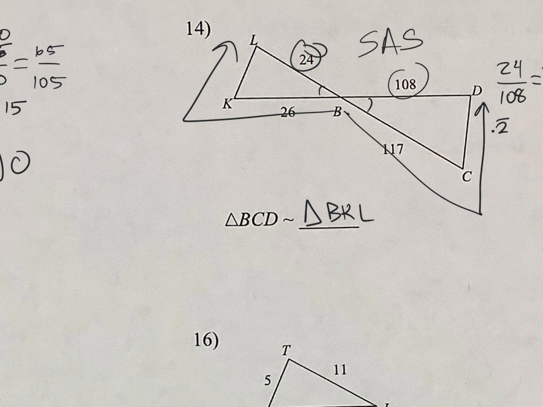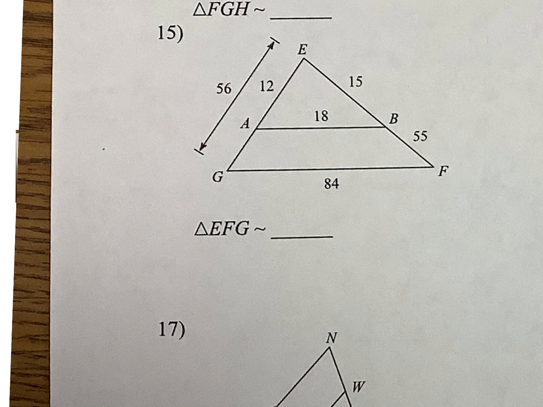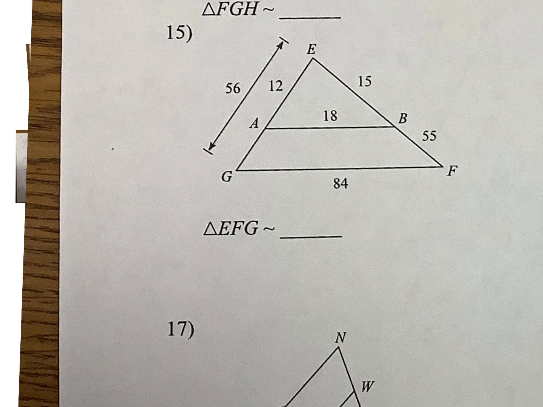All right. 15. All right, what do we got here? 12 is to 15, as, how do we get this piece right here? 56 minus 12 is 44. 44 is to 55. Okay.